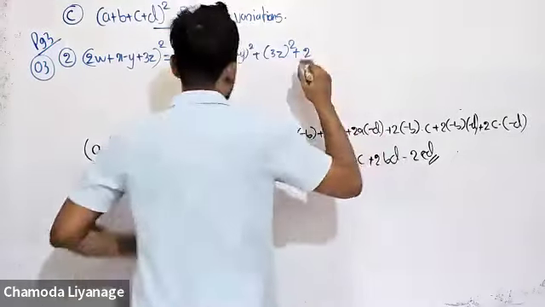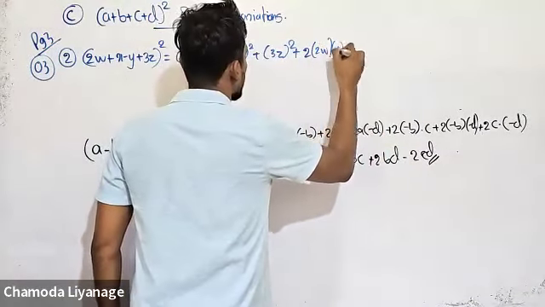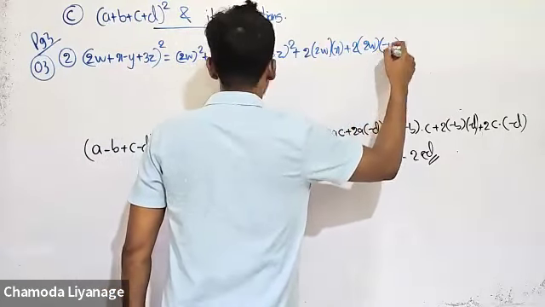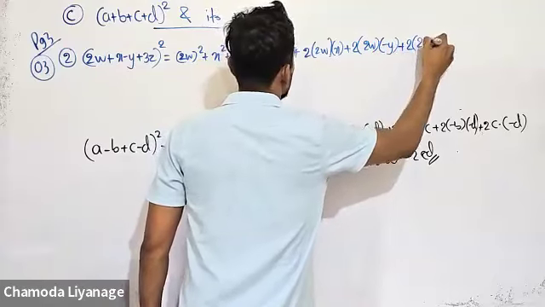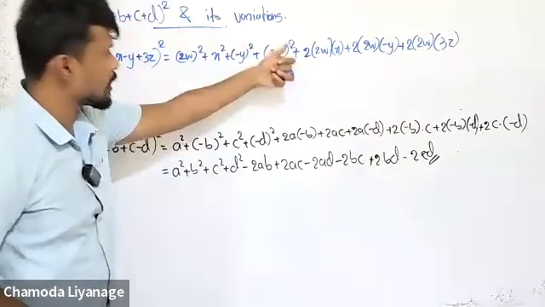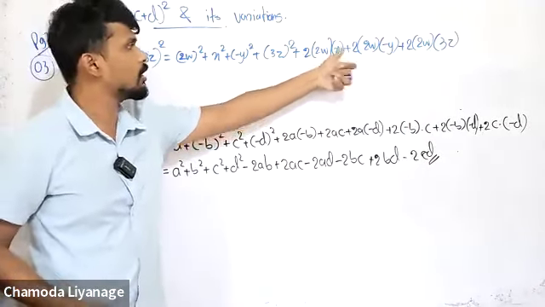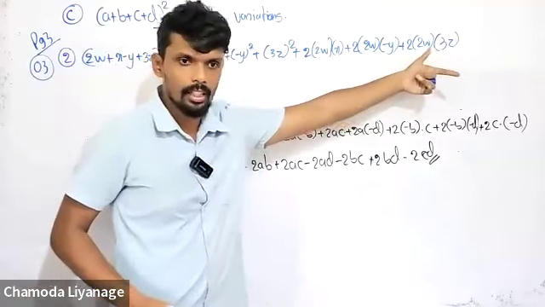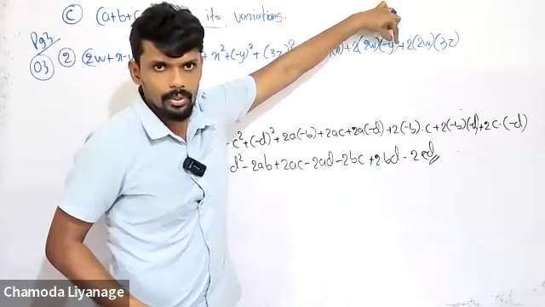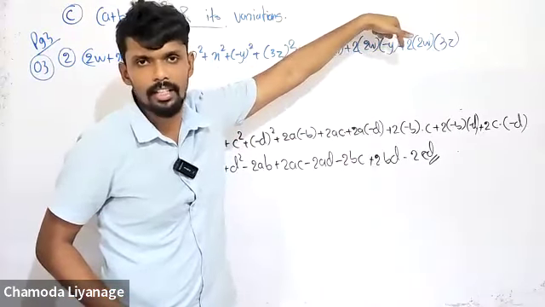Plus 2 times 2w into x, plus 2 times 2w into minus y, plus 2 times 2w into 3z. So here always put a plus sign in between each term. When you are replacing the term, replace it with the sign.